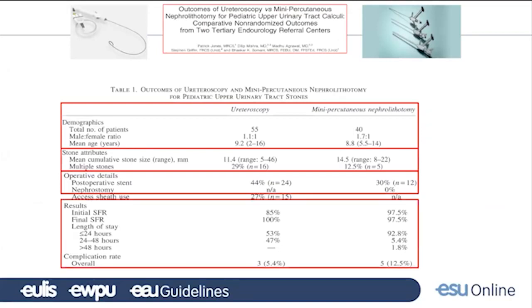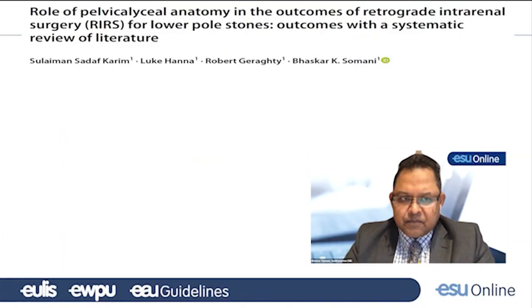But the overall stone-free rate was very similar, 100% versus 97.5%. More patients were discharged the same day or the very next day in ureteroscopy, and the complication rates were similar. So actually, it depends on the center and your experience, and you can achieve good outcomes with both procedures. But ureteroscopy remains the procedure of choice for these patients.